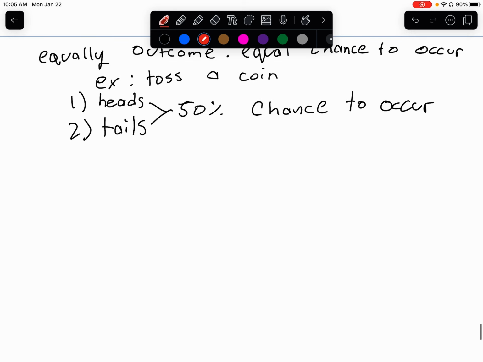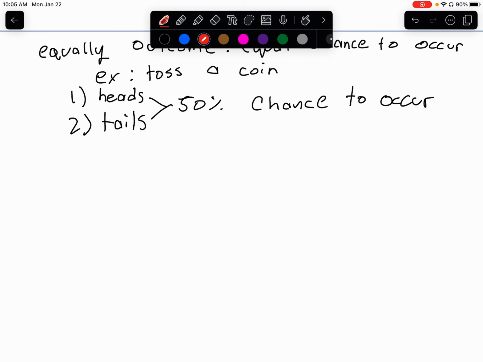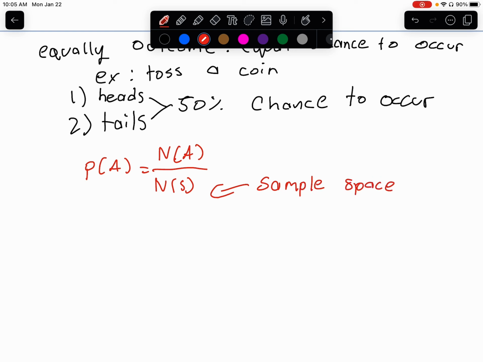We can define this with a formula: the probability of A equals N(A) divided by N(S), where S is our sample space. Remember, same as before, this is the number of events or outcomes that can occur in this situation.